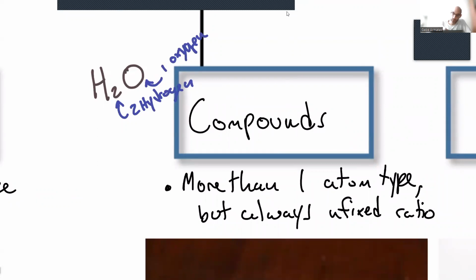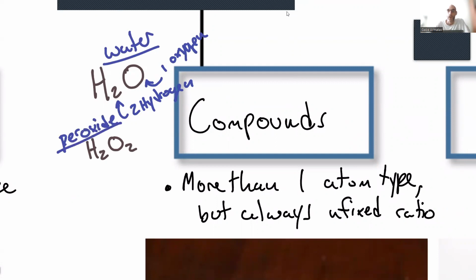If I changed it very simply to H2O2, now it's two hydrogens for every two oxygens. This is now called peroxide. This is a compound because it's fixed, two hydrogens and two oxygens, but it has completely changed what it is. This was water. This is now peroxide, the stuff that you would use on a cut. Just adding one oxygen completely changes what it is.